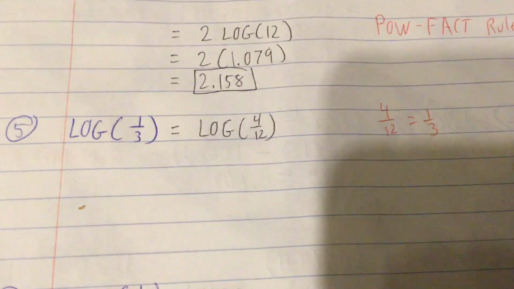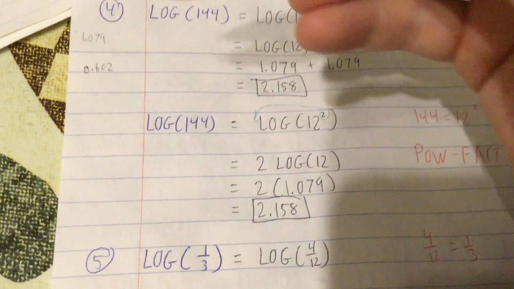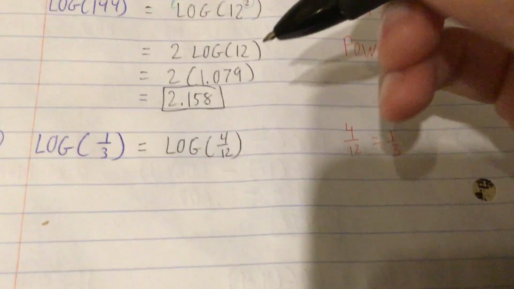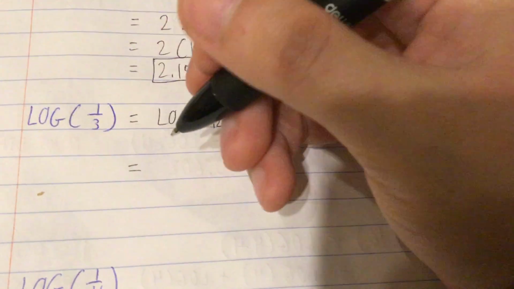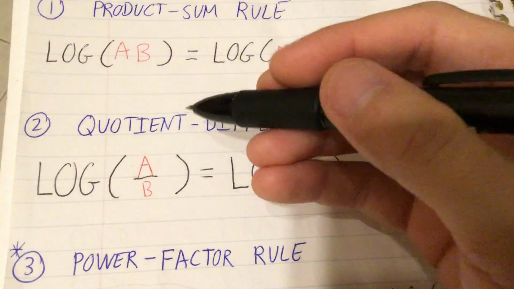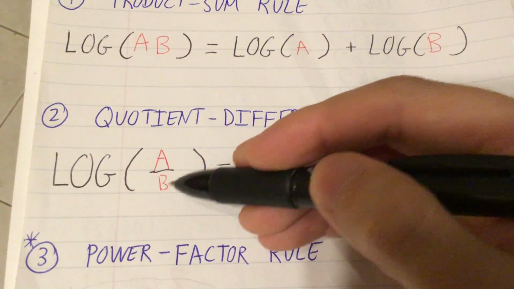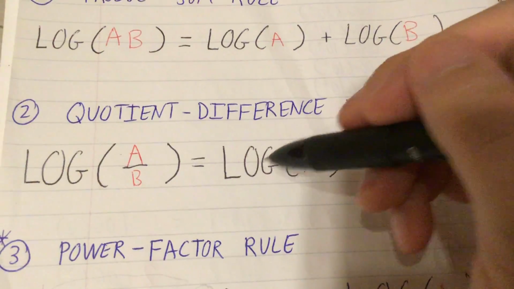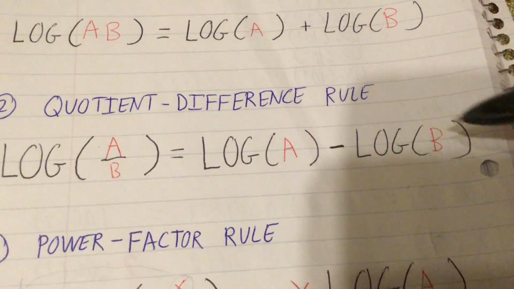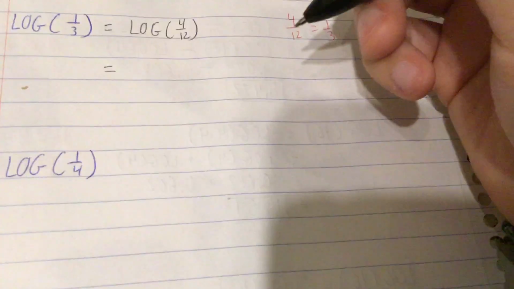Now I still have a division problem, but at least I know what log of 4 and log of 12 are. Since we've got division on the inside, the rule is the quotient difference rule. Log of 4/12 can be expanded as the log of 4 minus the log of 12. So let's do that.